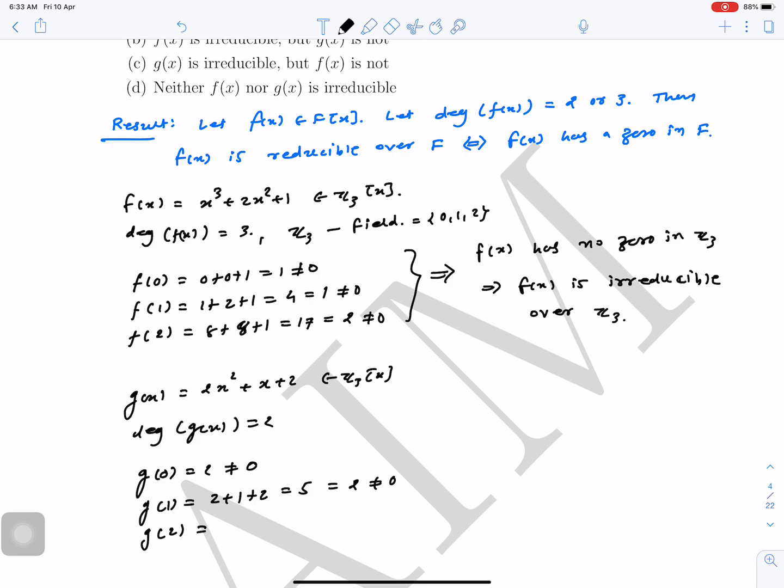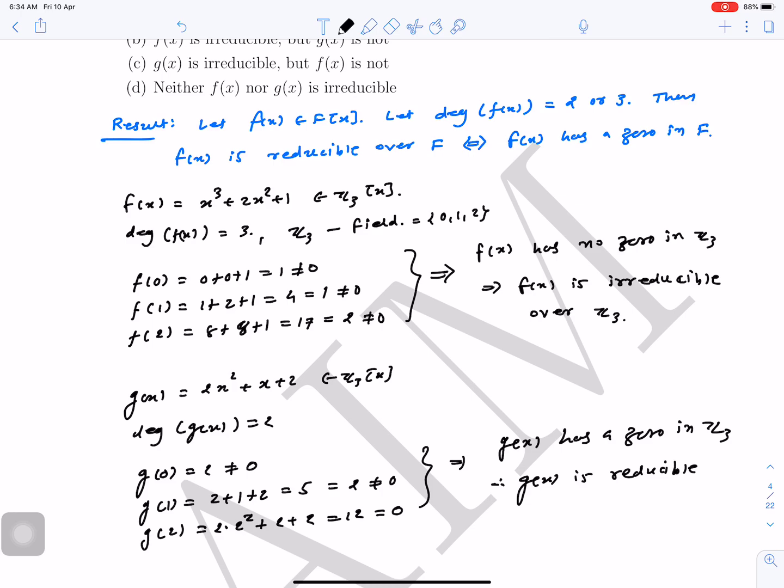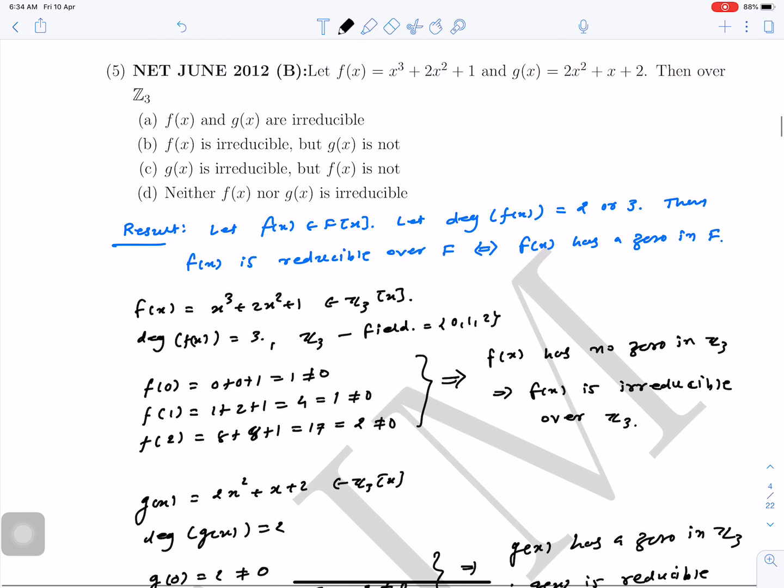And g(2) is 2 into 2 square plus 2 plus 2, so it is 12, and 12 is 0. So it means what? g(x) has a 0 in Z3, so therefore g(x) is reducible over Z3. So g(x) is reducible and f(x) is irreducible.